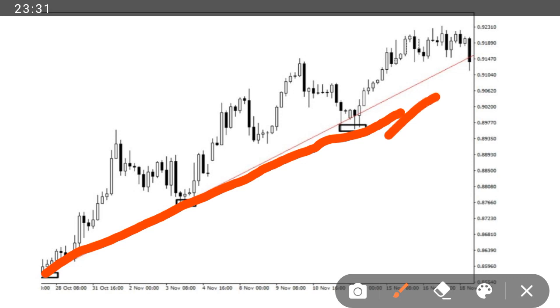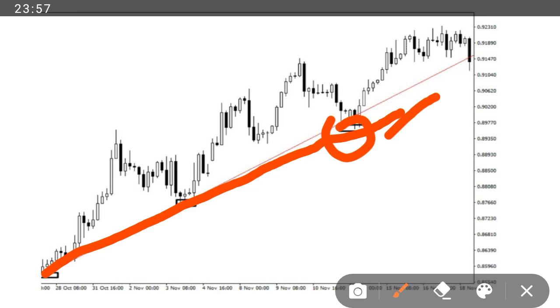You know that once price comes to this line again, you do what? You buy. That is it. Why? Because of the trend line you have drawn there. So you know that immediately price comes back to that line, you just click your buy.